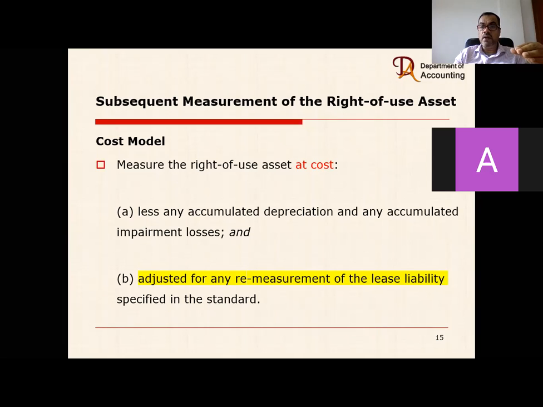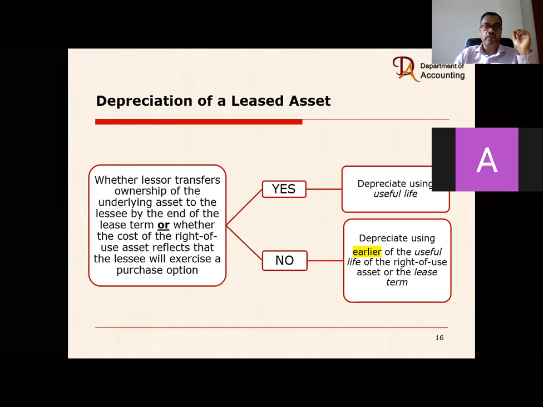It does not happen under normal circumstances. Actually, it happens due to the conditions given in the agreement with respect to interest rates and any other things. Otherwise, lease liability will remain fixed.